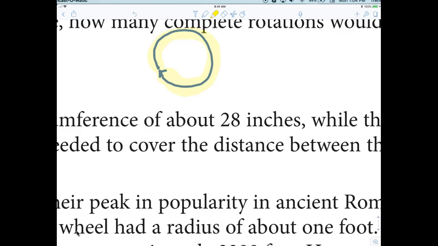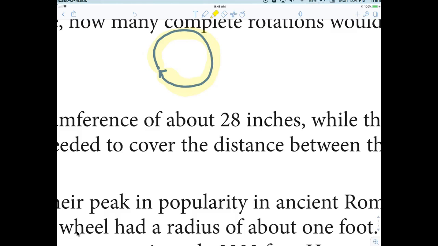That's right, the perimeter, better known as the circumference. So if you get on a giant Ferris wheel and you want to figure out what one rotation is, all you're doing is figuring out the circumference.